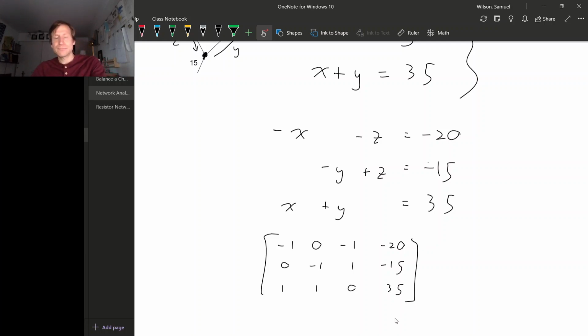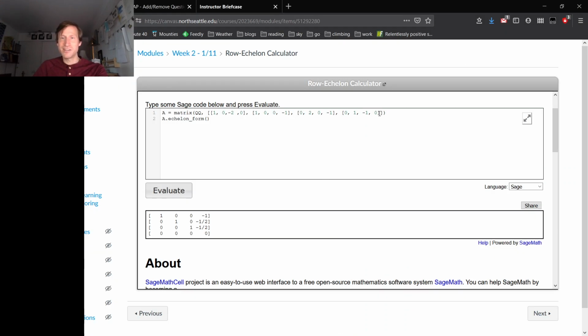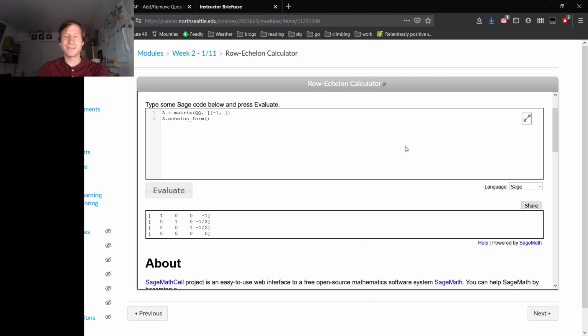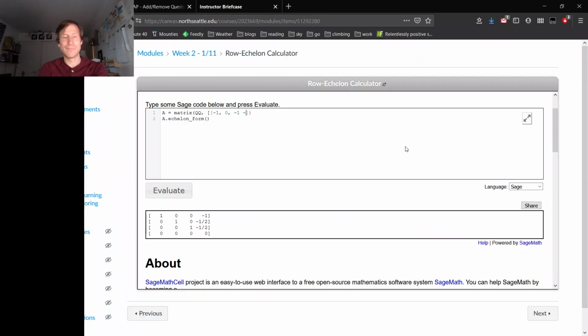Now we can punch this into a row reduction calculator or do the row reduction by hand. Fortunately for this one, doing the row reduction by hand wouldn't be that bad because so many of the coefficients are either 0, 1, or minus 1.